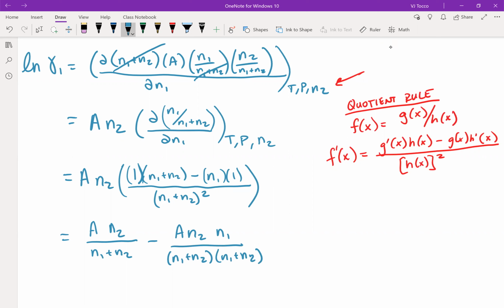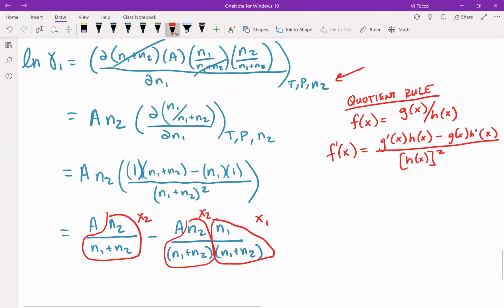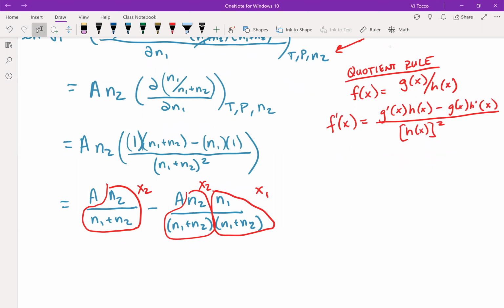And now what I've got is an n2 over n1 plus n2, which is equal to x2. Same thing there. This is an x2, and here is an x1. So I'm going to factor back out the A x2 to obtain the final expression.